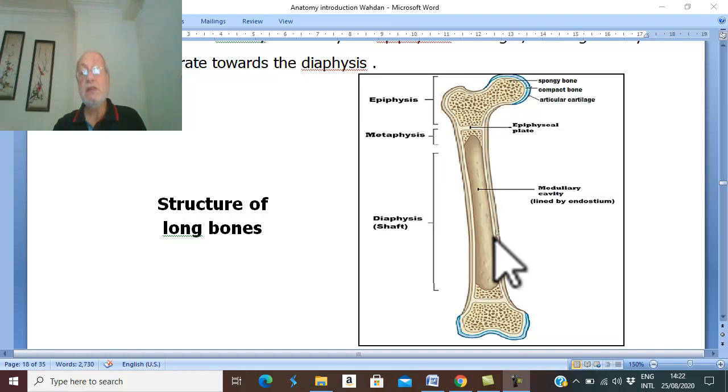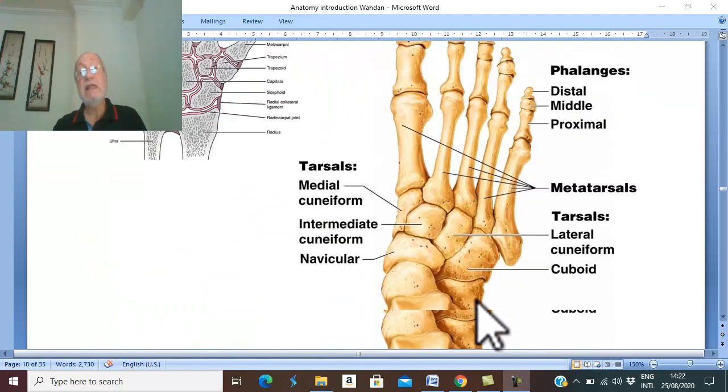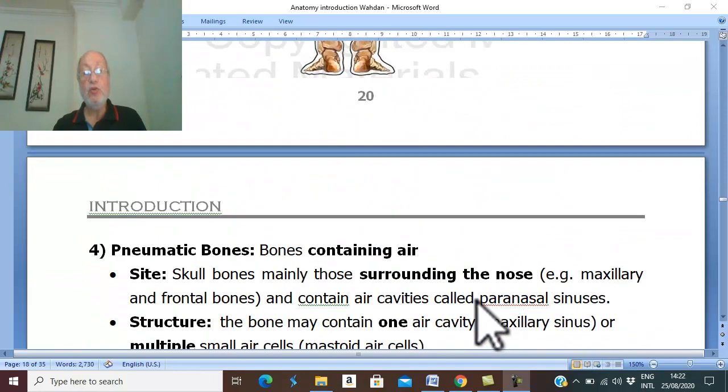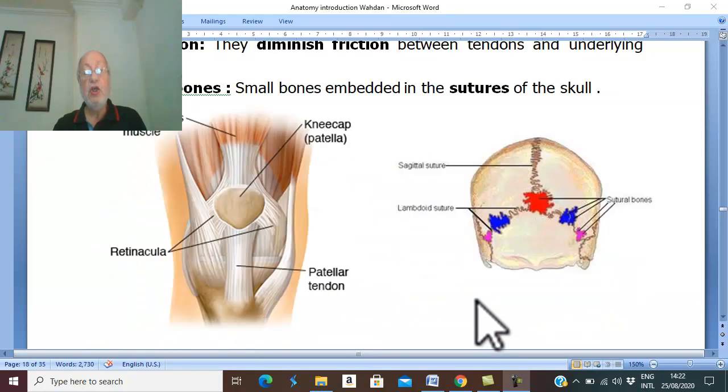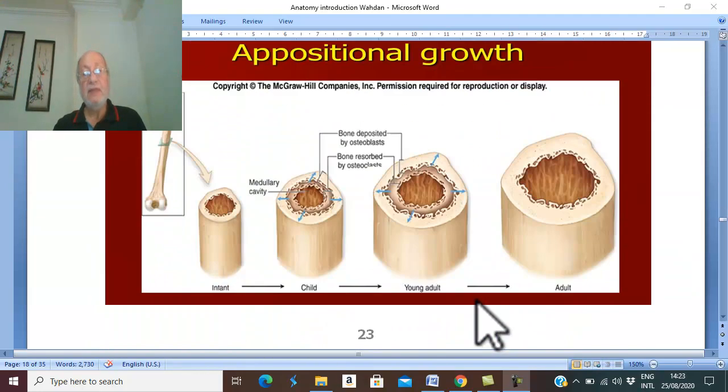This is growth in the vertical direction, in length. Now growth in diameter, growth in circumference, growth in width. How does it occur?